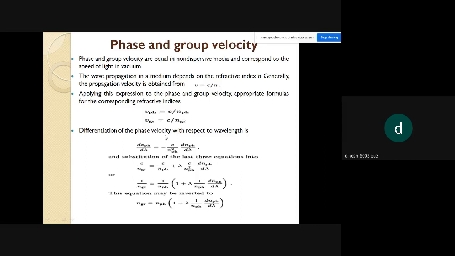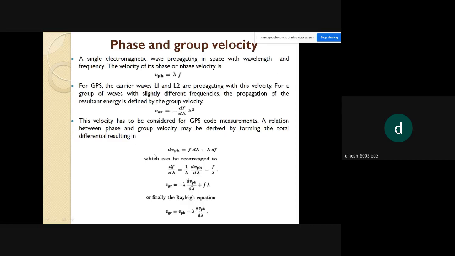So dVph by d lambda, what is it? dVph divided by d lambda is your VGR.